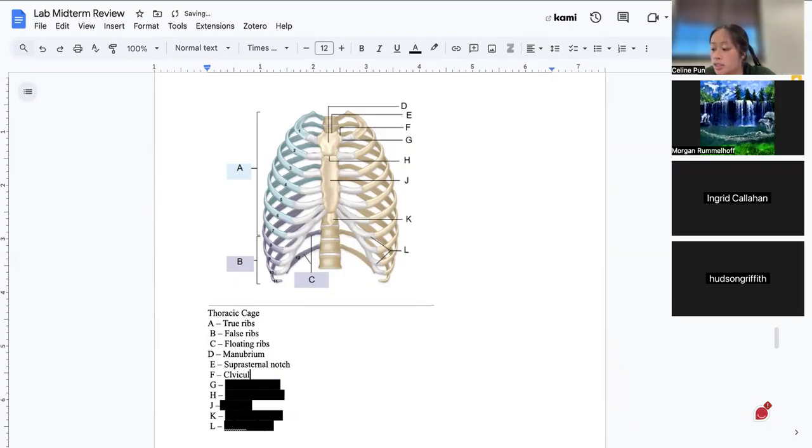Clavicle notch. Clavicular. And G is the coastal notch.